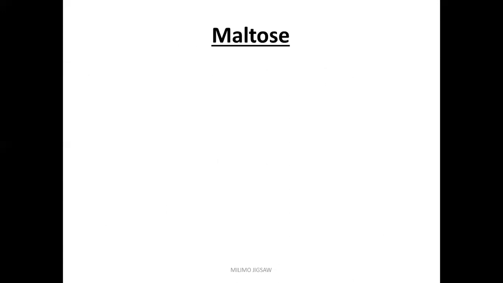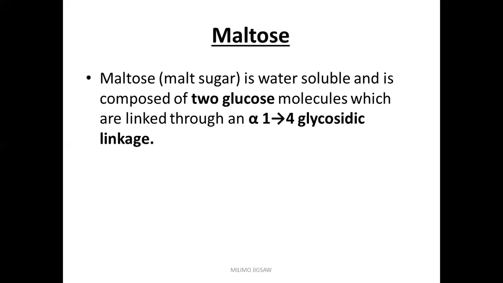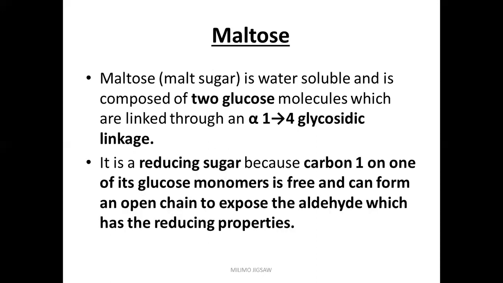Now, when you look at maltose, which is also malt sugar, it's water soluble and consists of 2 glucose molecules linked through an alpha 1,4 glycosidic link. It's a reducing sugar. Remember, the carbons participating are those of position 4 and 1.